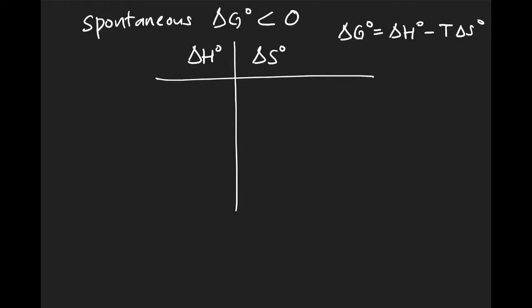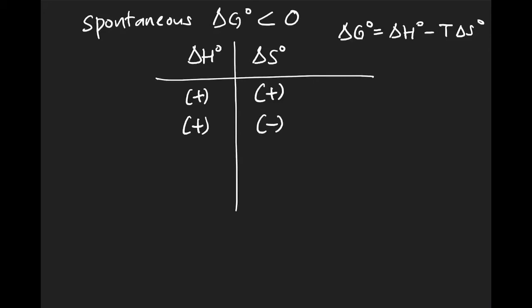We can have a reaction that is endothermic and gets more random, so there is an increase of randomness in the reaction. We can have one that is endothermic, but becomes more ordered.